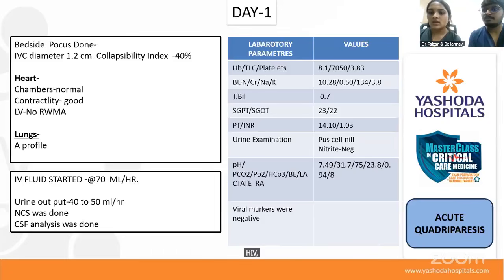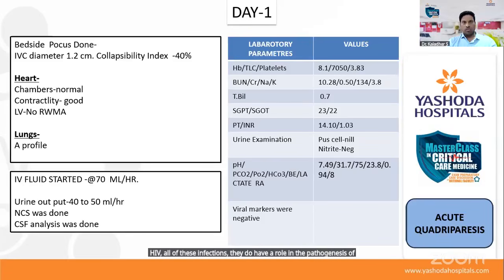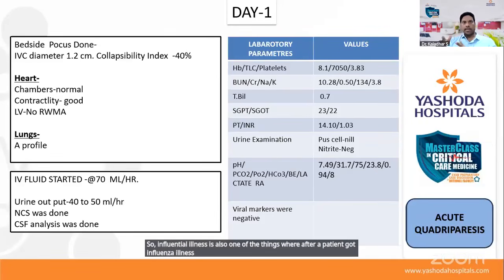All of these infections do have a role in the pathogenesis of GBS, sir. Influenza illness is also one where the patient can land up in molecular mimicry, leading to GBS.